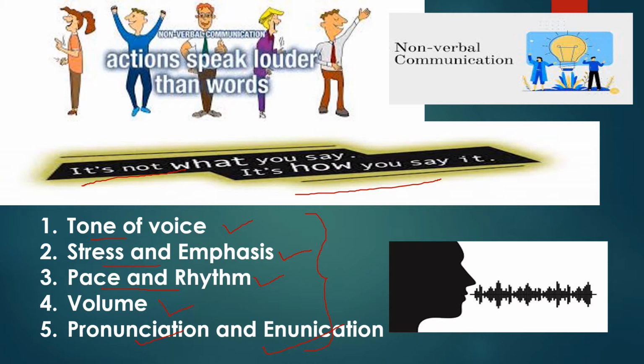Next, let's go to the volume. How softly or how loudly we speak also matters in communication. We should ideally speak in a moderate volume while in the company of others.